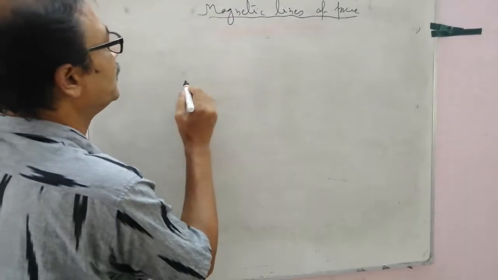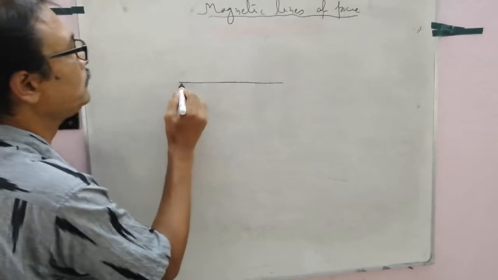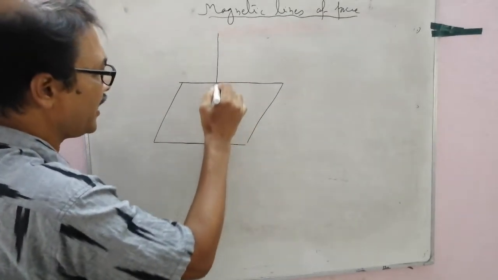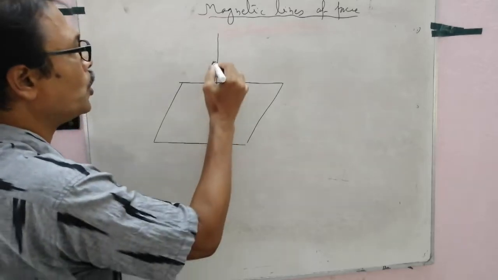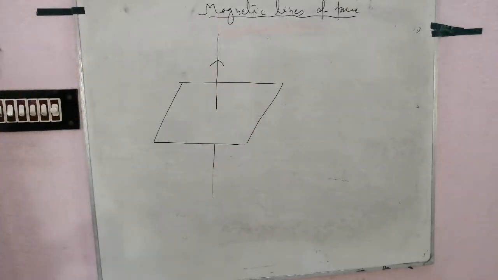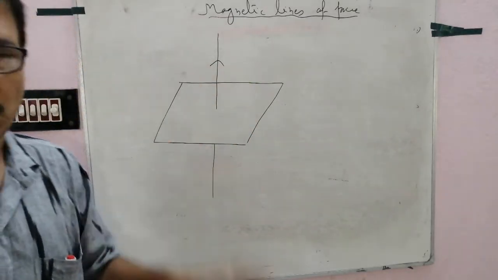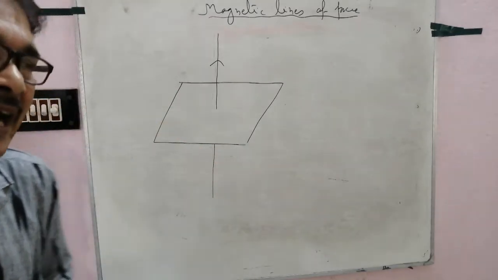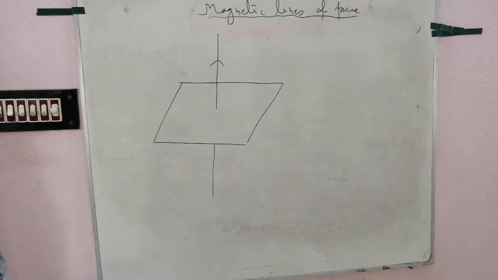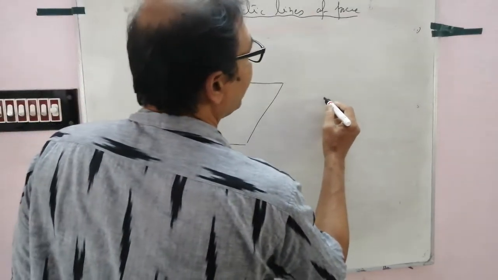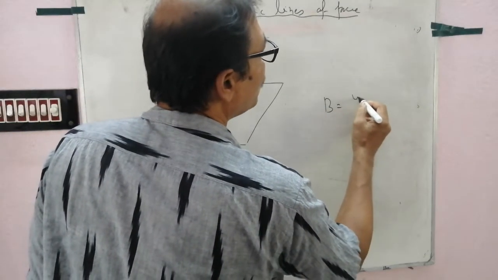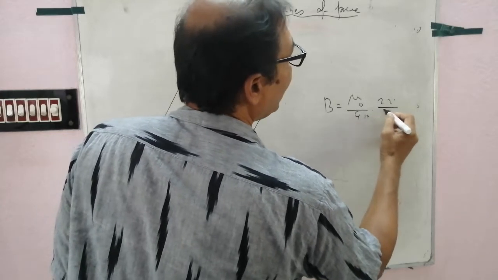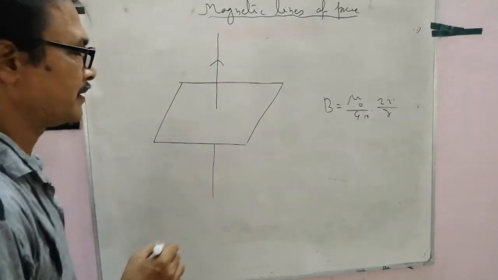Suppose this is a current carrying conductor. We know for a long, infinitely long current carrying conductor, the magnetic field at a distance R is mu 0 by 4 pi 2I by R. In my previous class, I discussed it.